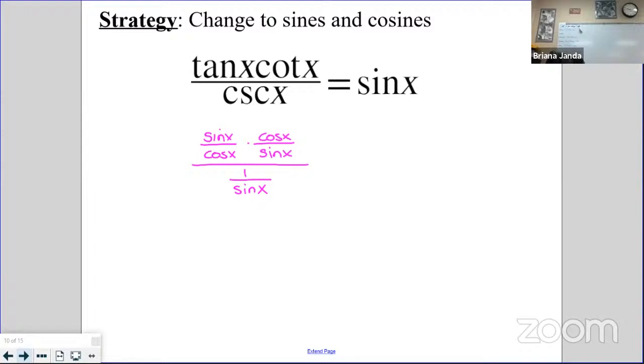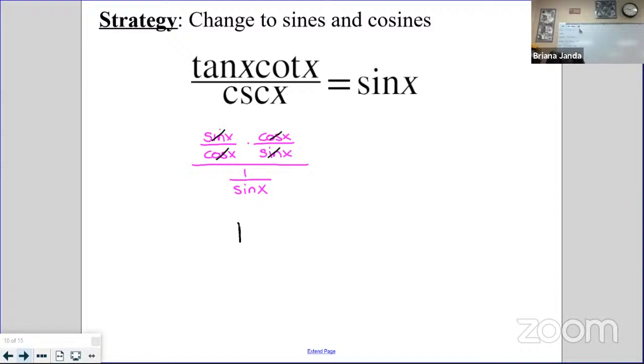Okay. So a couple things. First of all, in the top, my cosine of x in the numerator and denominator simplify. My sine of x in the numerator and the denominator will simplify. And if I cross everything off, what do we have left? 1, right?